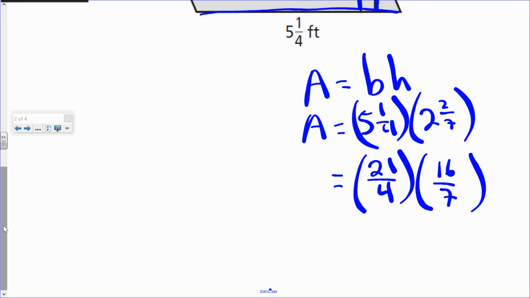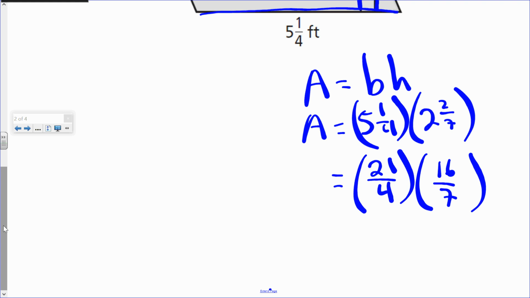Now we're multiplying fractions. Numerator times numerator, denominator times denominator. We're in business. But before we do that, 21 times 16, I'm going to have some gargantuan, nasty, big numerator. To prevent that, I can cross-cancel. In other words, I can simplify. I can divide this and this by a common factor.